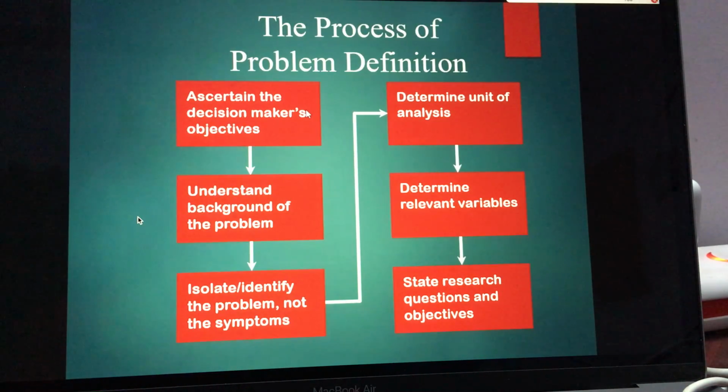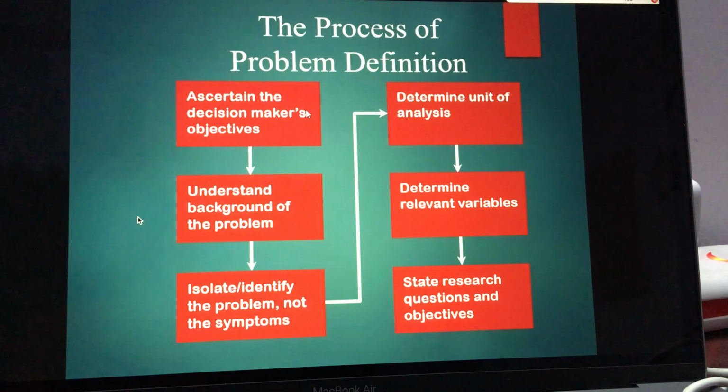And then you come to what we call determine the relevant variables. So what are the relevant variables you should actually learn? So in order to understand the first example, let's say advertisement campaign, what should be the focus, right?